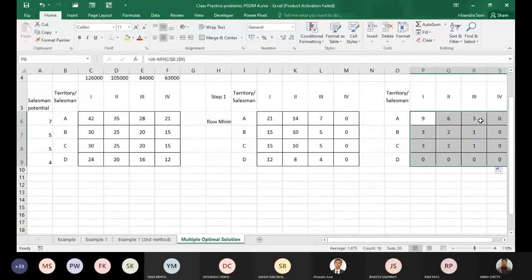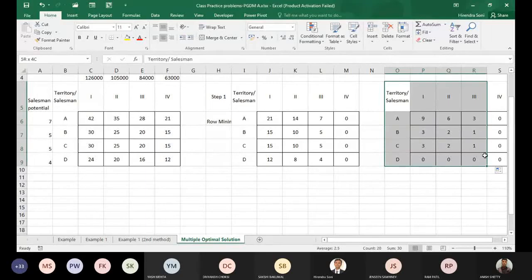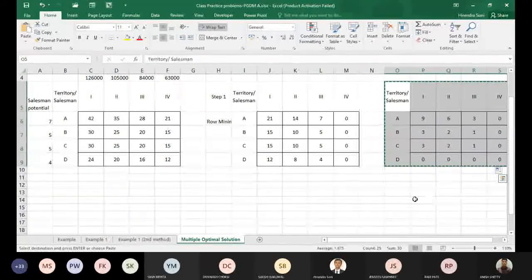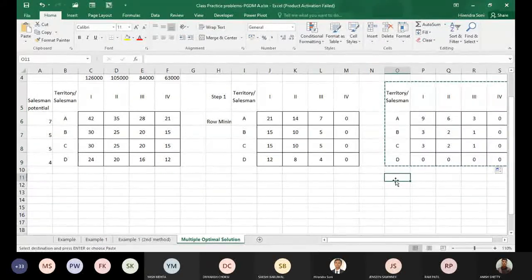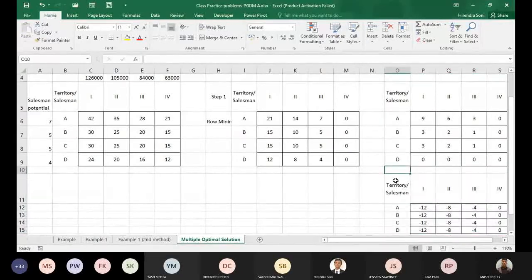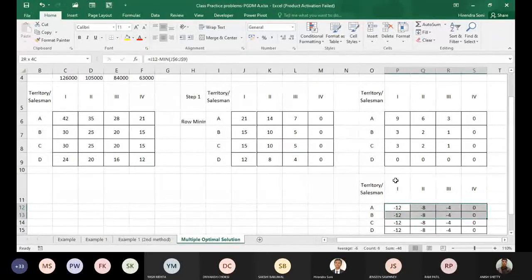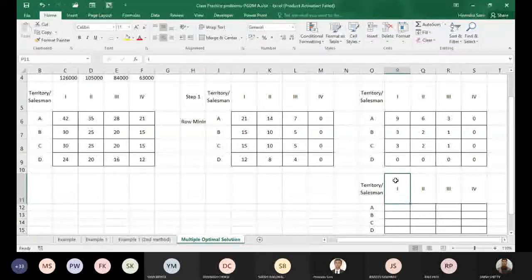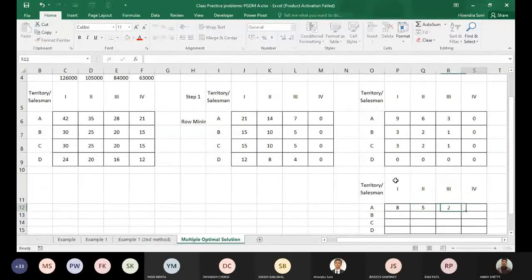So we just will take this, Control C. We had theta equals to 1 and we were able to reach up to this part. That means we had this value as 8, 5, 2, 0.